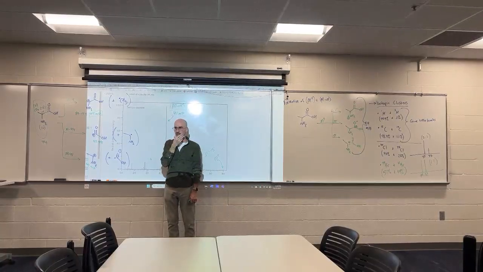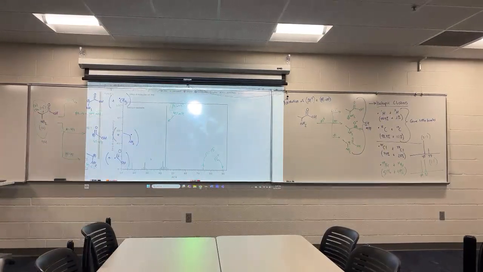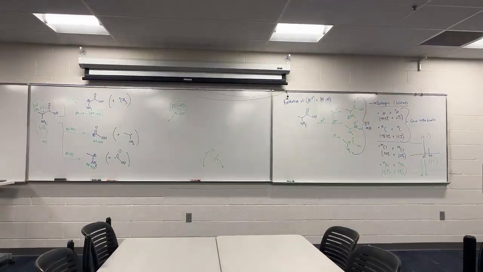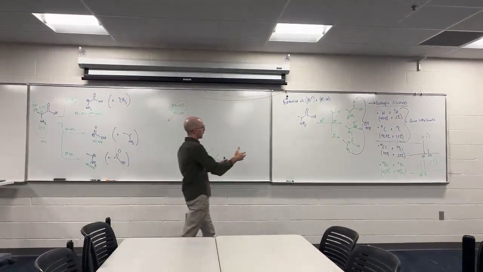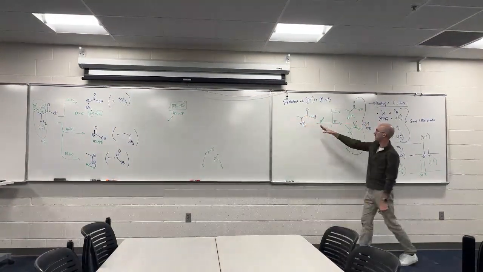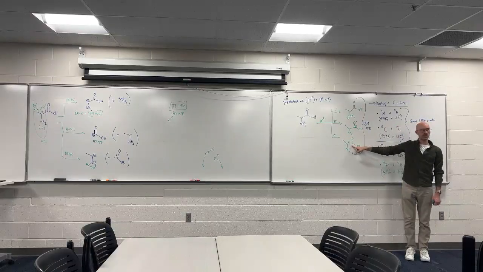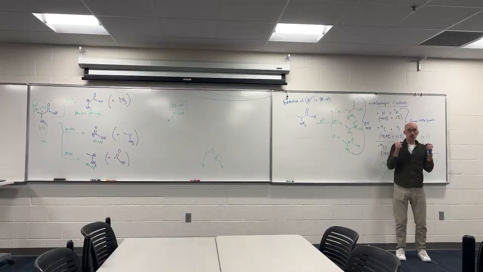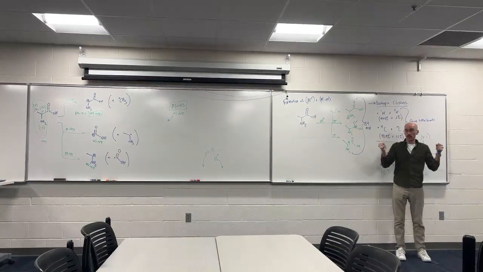So here's how I like to phrase this. If you pick off a sigma electron, like I did here, this is not very stable. So which way is it going to move?